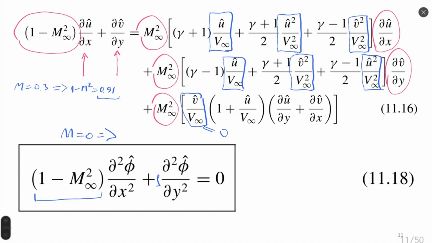Let's take another example. For example, Mach number is 0.5, then 1 minus M square would be 1 minus 0.25, which is 0.75. Such a coefficient is still quite big, right?